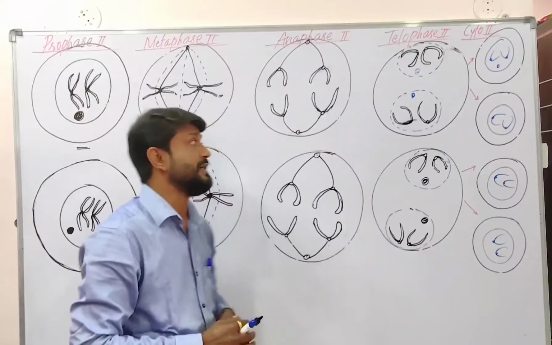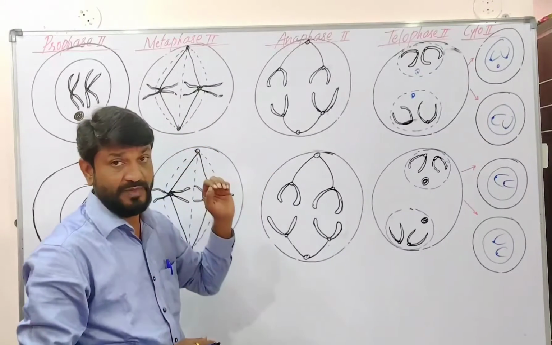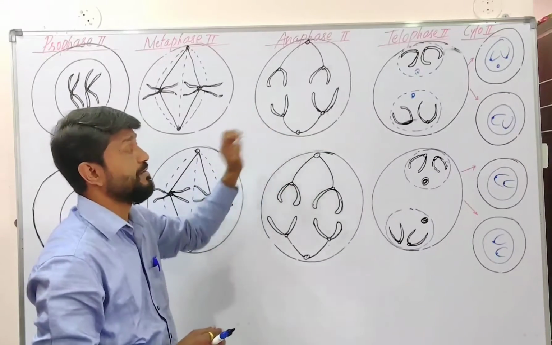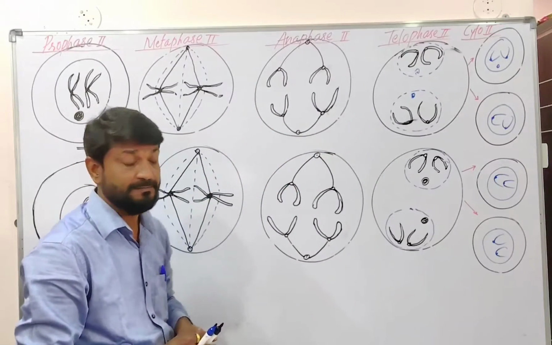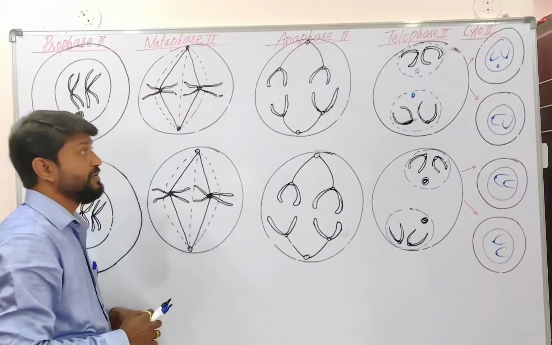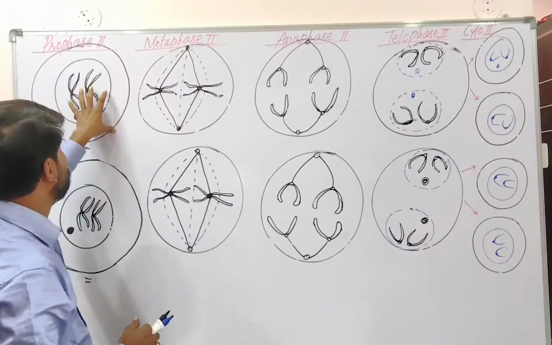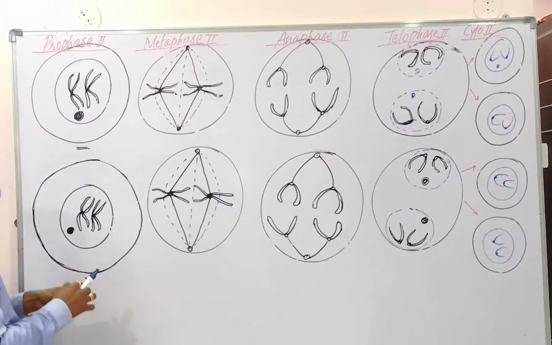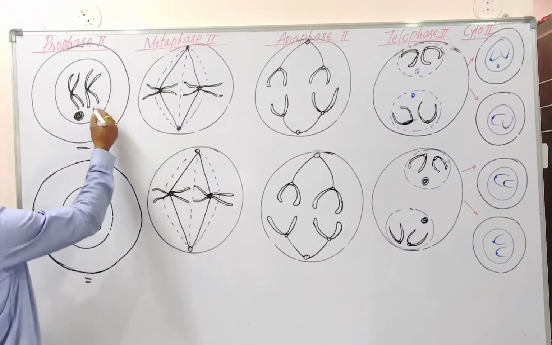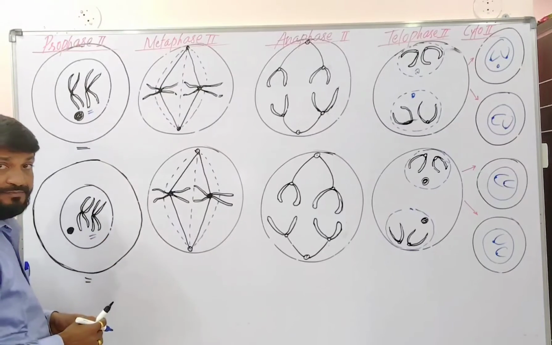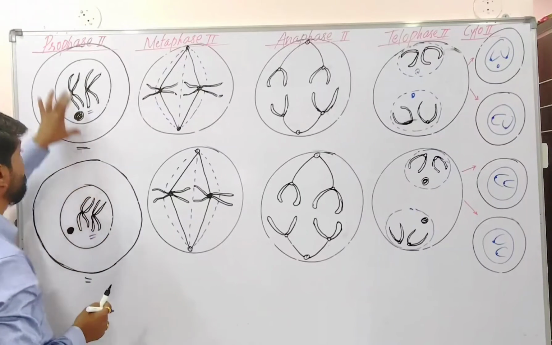Now we have to study the stages of meiosis 2, and we know there is great similarity in all the stages of meiosis 2 with mitosis. So first, prophase 2. In prophase 2, the chromosomes become double stranded, the dyad condition.